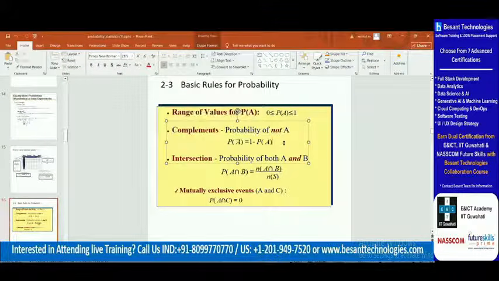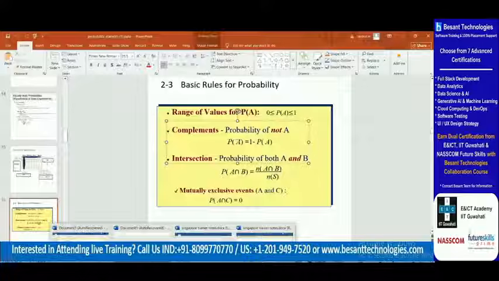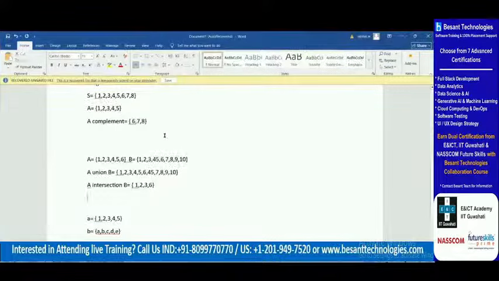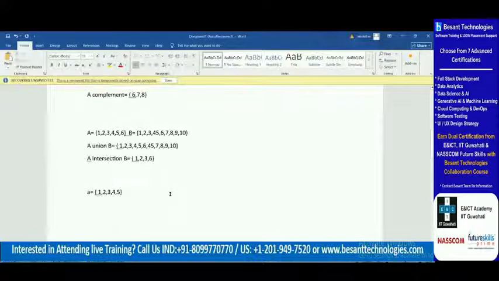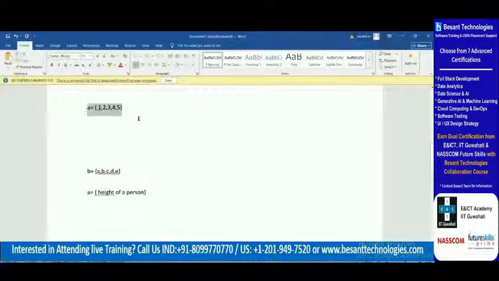If you have the probability of A, let's take this example itself. Now I'm going to ask you, what is the probability of getting 1?